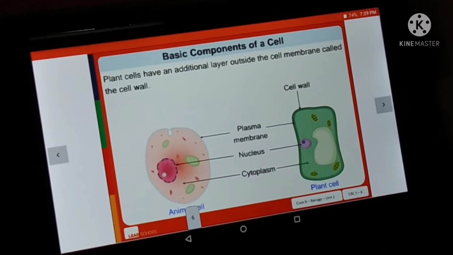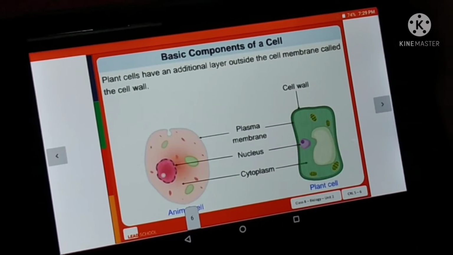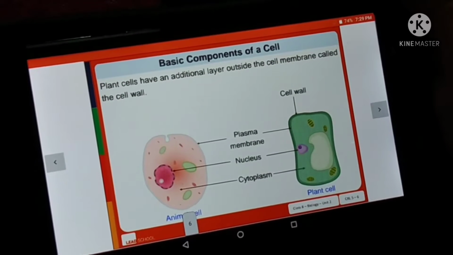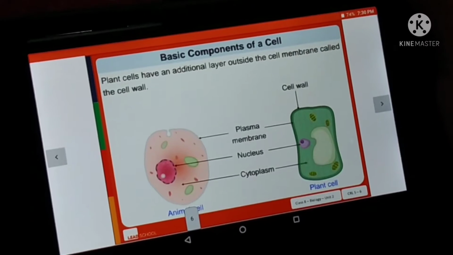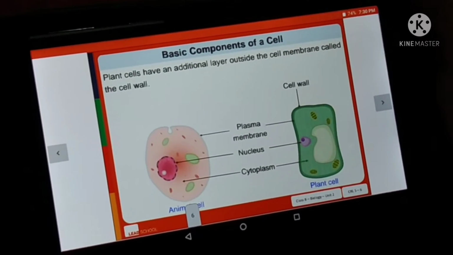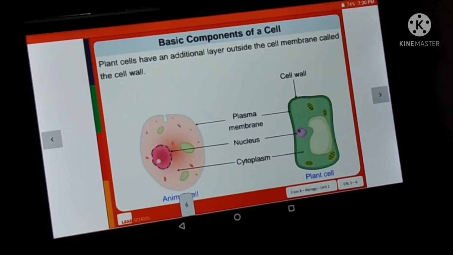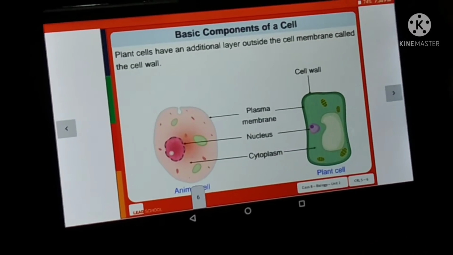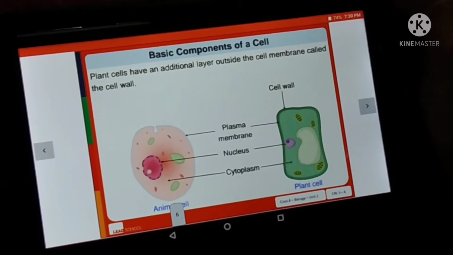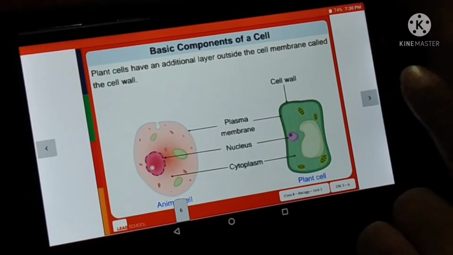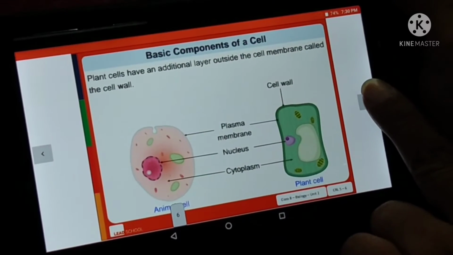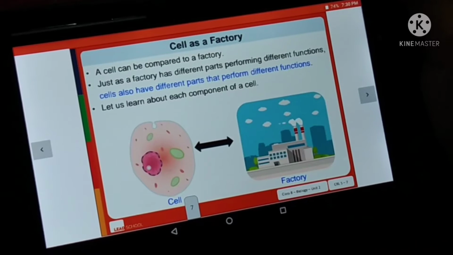Plant cells have an additional layer outside the cell membrane that is called the cell wall. This cell wall is not found in an animal cell. Remember this. Why this is not found in animal cells, that we will discuss in the further discussions.